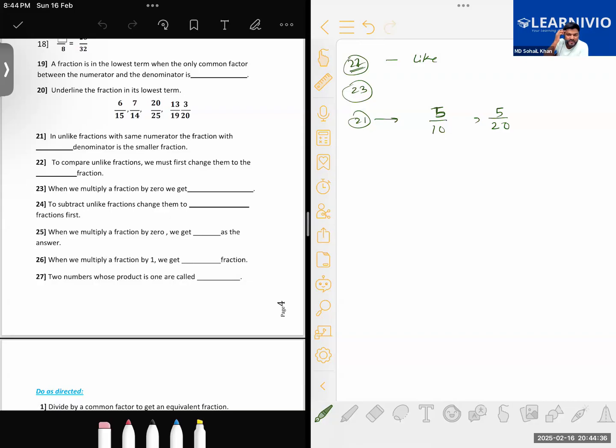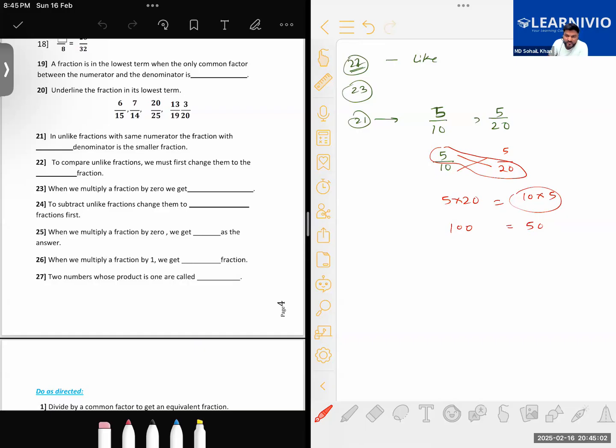To find this out, we do cross multiplication. This 5 will be multiplied with the 20 and the 10 will be multiplied by 5. So 5 times 20 equals 10 times 5. Here you will get 100 and here you will get 50.